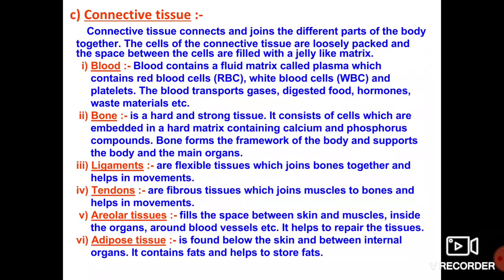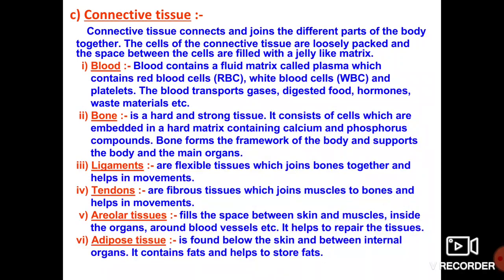Apart from that, the blood consists of one more very important content, that we call white blood cells, also called WBC. So what is the main function of the white blood cells? These are colorless nucleated cells with the ability to change their shape like an amoeba, which means WBCs are irregular in shape.